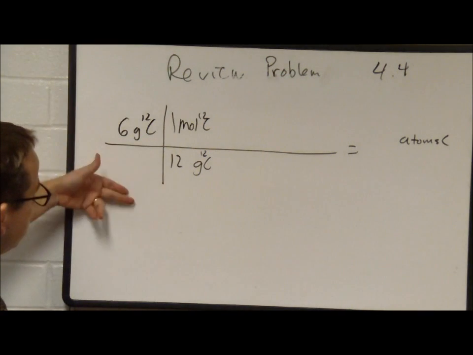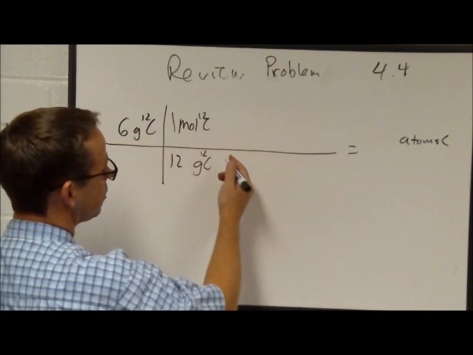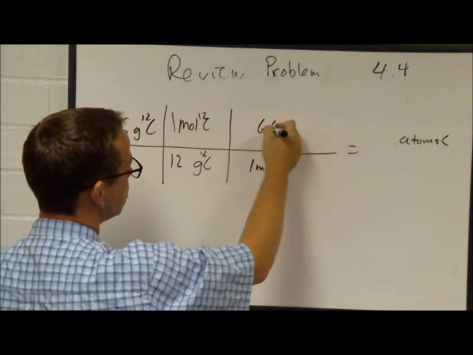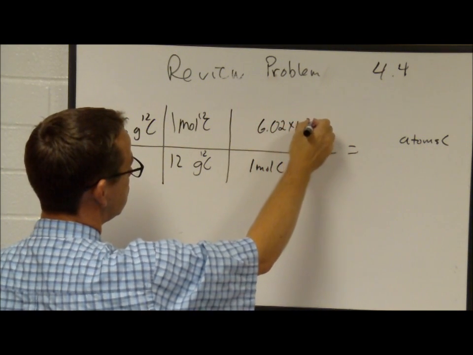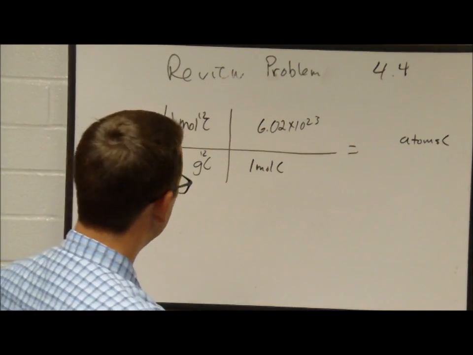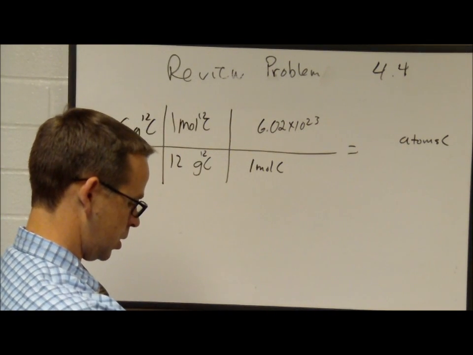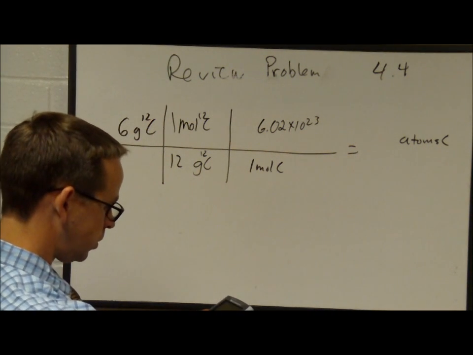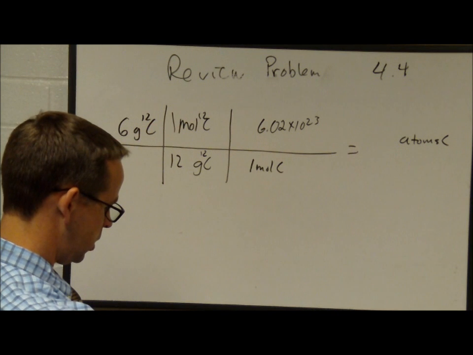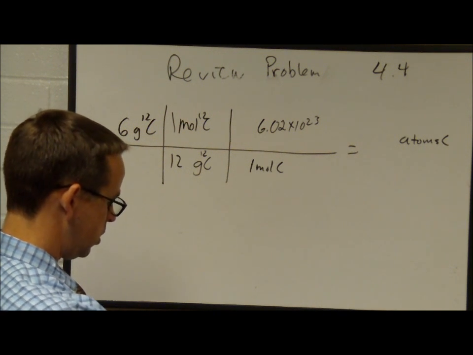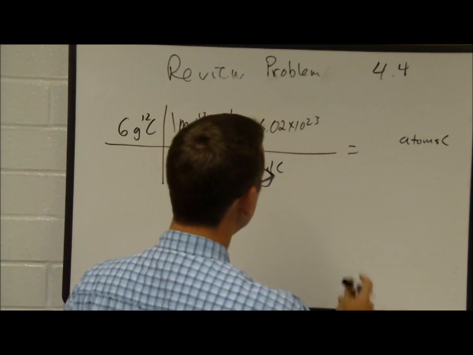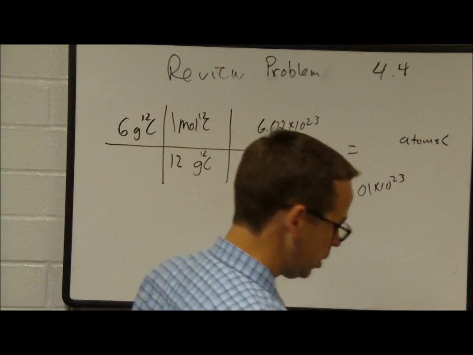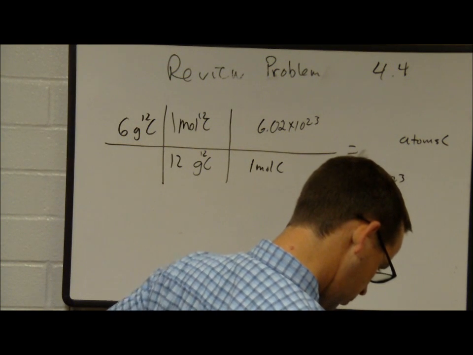Therefore, we have a half a mole. And now we're in moles of carbon. For every 1 mole of carbon, there's 6.02 times 10 to the 23rd atoms of carbon. So 6 divided by 12 times 6.02 times 10 to the 23rd, which is half Avogadro's number, or 3.01 times 10 to the 23rd. All right, that was 447.